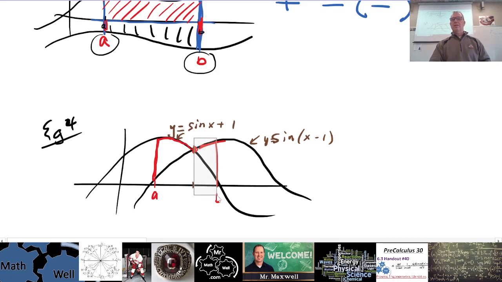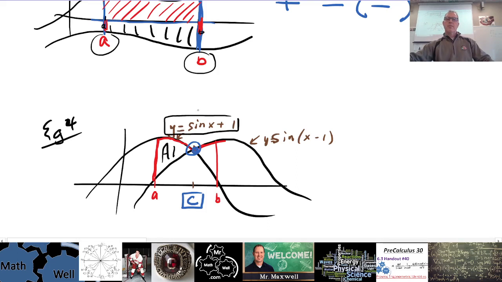So again, as long as you can identify which is the upper function, it's really easy. In a case like this, you're going to have to graph, and you're also going to have to find the intersection point. So you need to find out what this C value is. And then you would do area 1 with this graph as being the upper function.